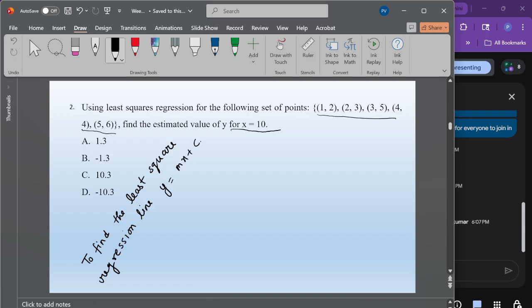And by this formula, we can find the slope of the line, right?